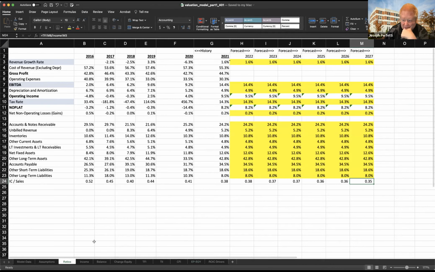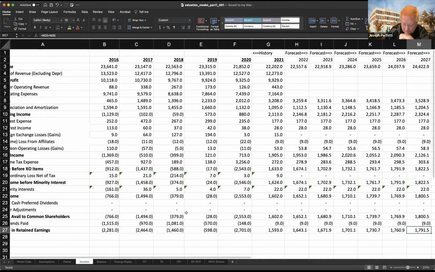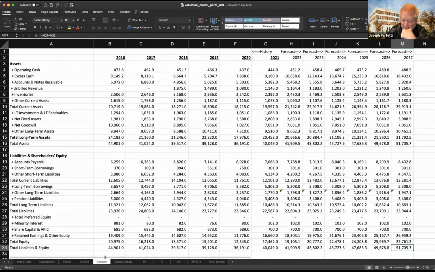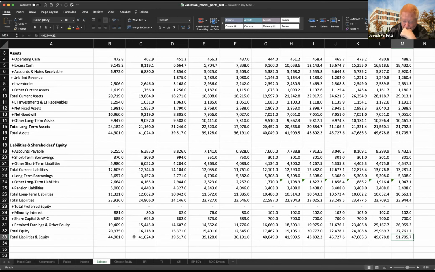Which values again? So we said in the text, they want to see the values, all of them. All right, so here's income. These are what you need to get to, 1791.5 in the last year. Here's the balance sheet, 51,705.7 in the last year.